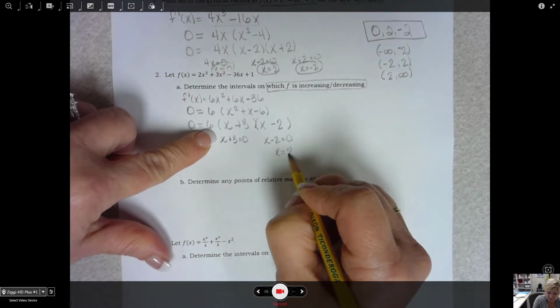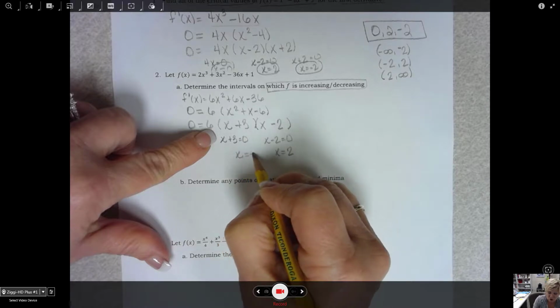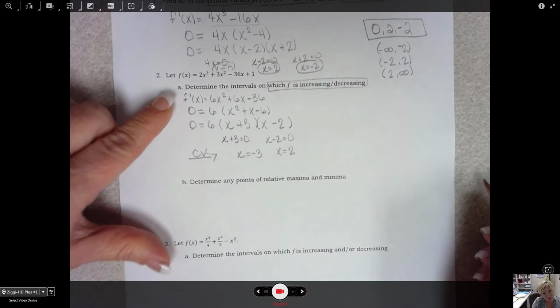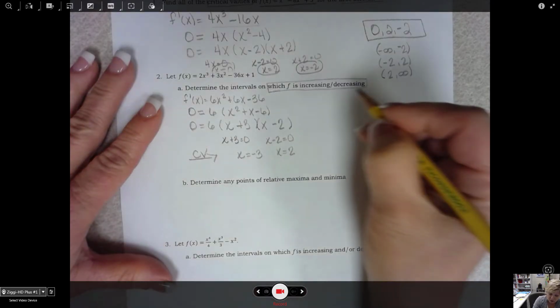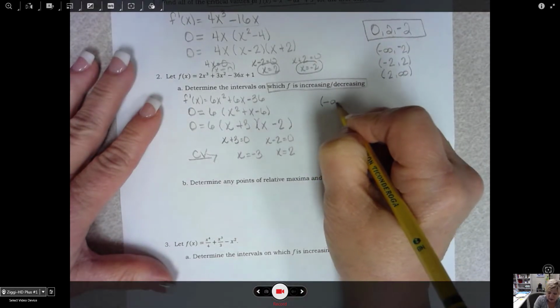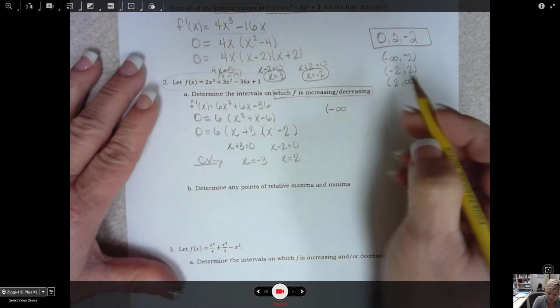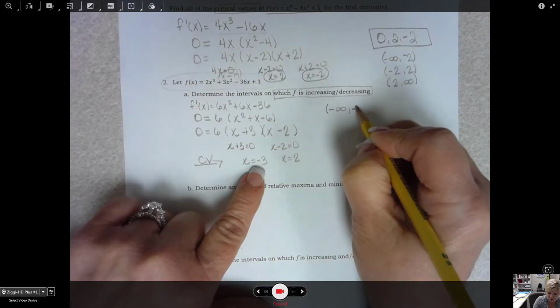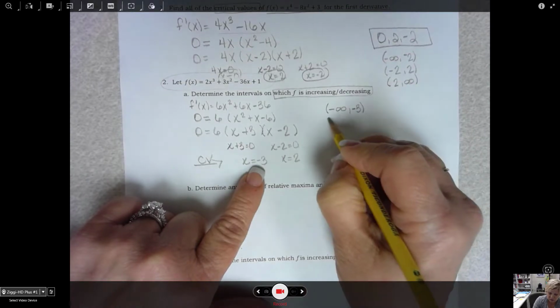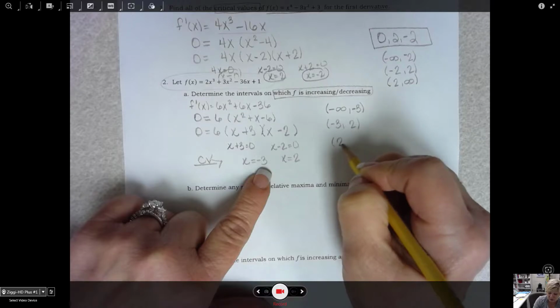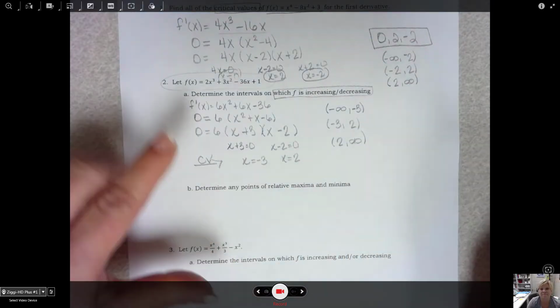My critical values are negative 3 and 2. So now I need to separate my function, this curve right here, into intervals according to my critical values. Negative 3 to 2 and 2 to positive infinity.